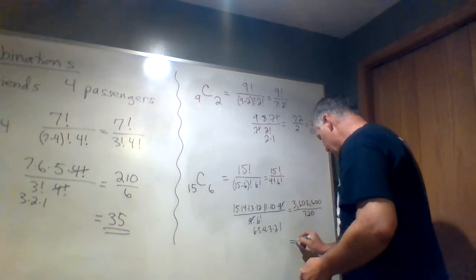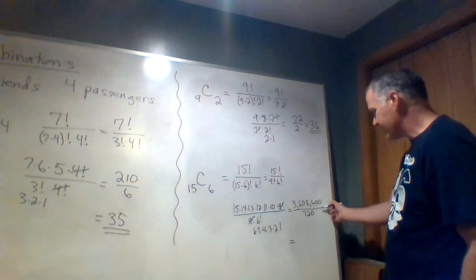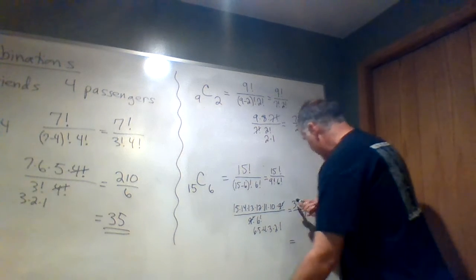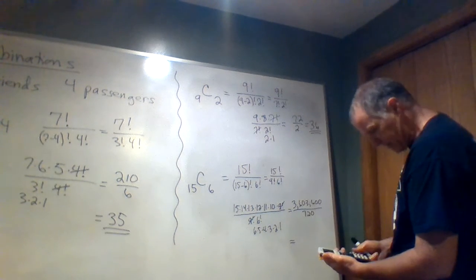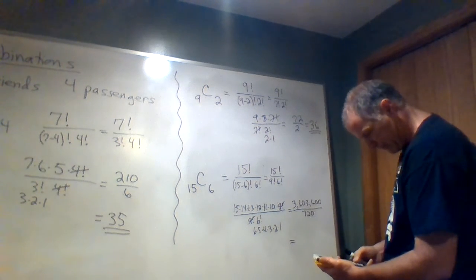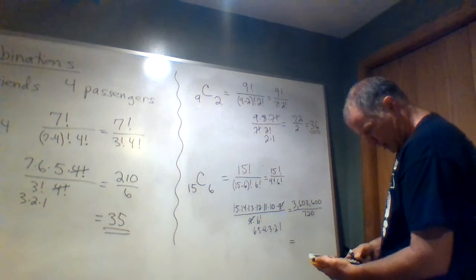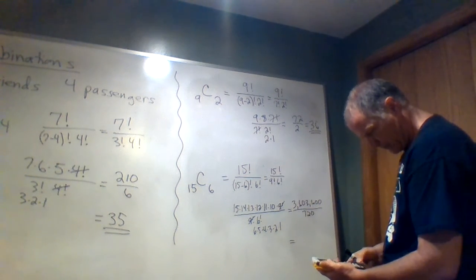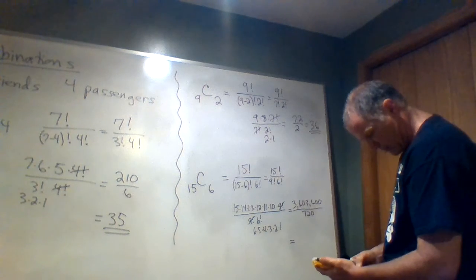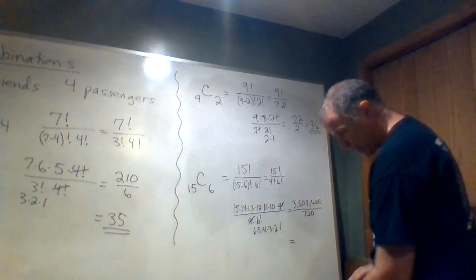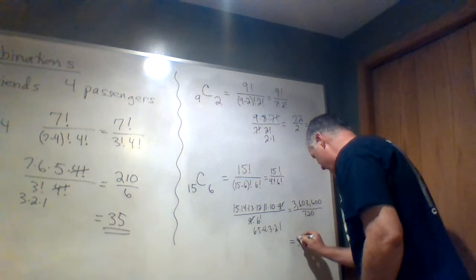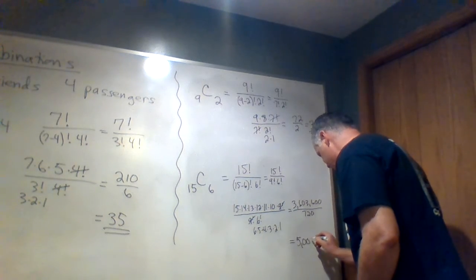Last step, top divided by the bottom. Remember, fraction means division. So that 3 million number divided by 720. 5,005.